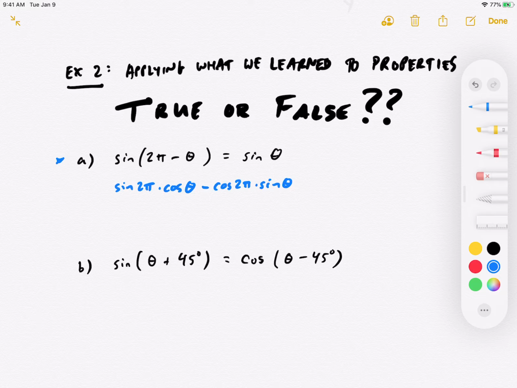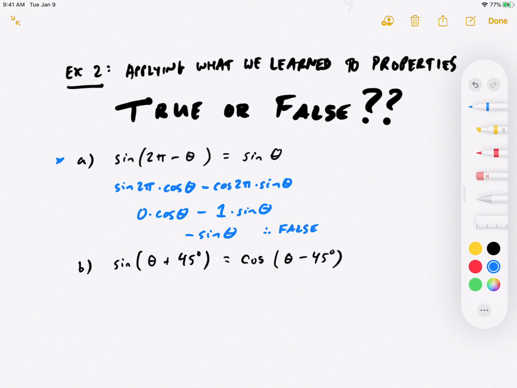And you could simplify it and see if it's equal to sine of theta. Well, in this case, you'll see that it won't be, because sine of 2 pi is equal to 0. So 0 times cosine of theta minus, and cosine of 2 pi is equal to 1, so that's 1 times sine of theta. So that would not simplify to positive sine, but it would simplify to negative sine, so I could then conclude that that statement was false.